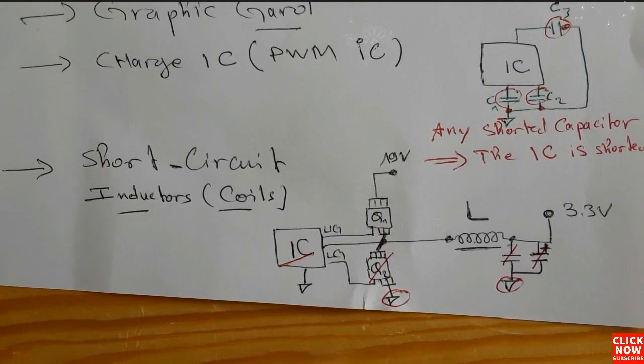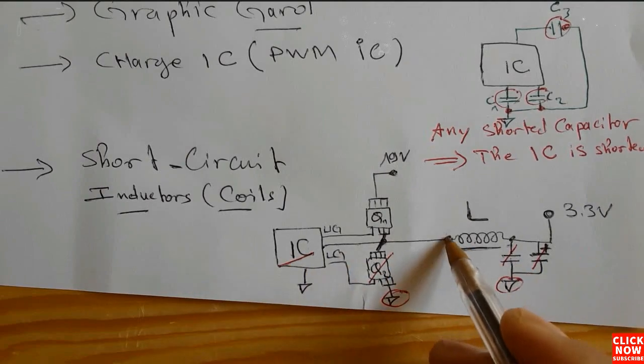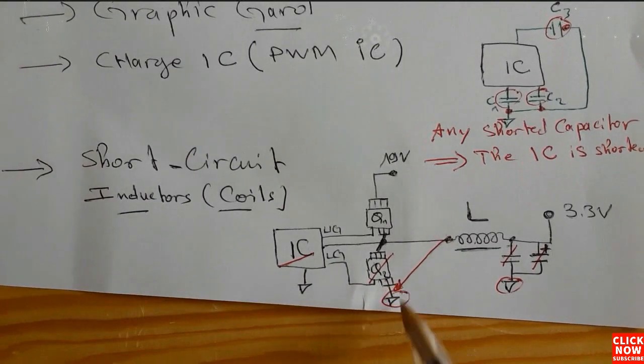So you should check the short circuit in the inductor. If you get any short circuit, it means one of these components is shorted: ceramic capacitors or electrolytic capacitor, MOSFET or IC.